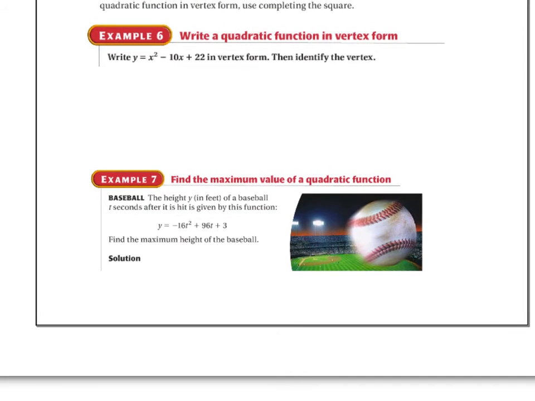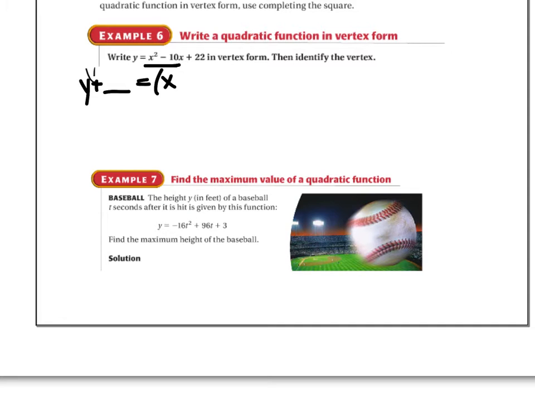All right, so here it gives us an equation in standard form, y equals x squared minus 10x plus 22. Well, to begin writing it in vertex form, we need to begin completing the square on this part of the equation. And so I have my left side, which I'm going to add some number, which is that c we're always looking at.